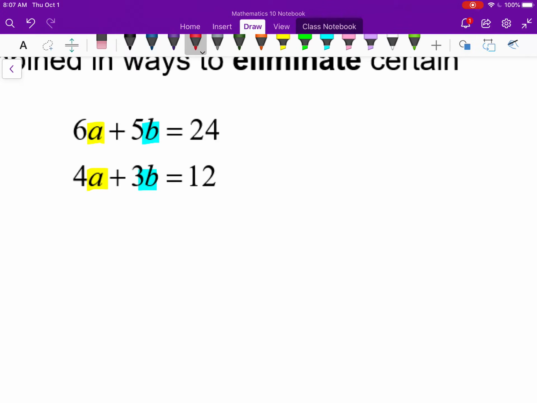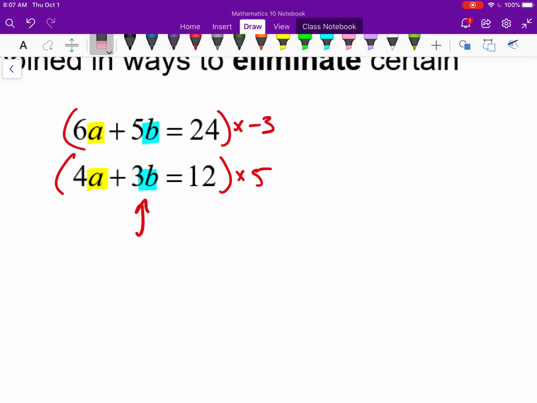If I look ahead a little bit, if I take this equation and multiply by negative 3, and I take this equation and multiply by positive 5, just knowing my 5 times tables, those two b terms will become opposites to one another. In the first equation, that'll become negative 15b. This will become positive 15b. And the point of that is when I combine these equations together, those will eliminate one another. They will cancel each other out, and there'll be no b term left.